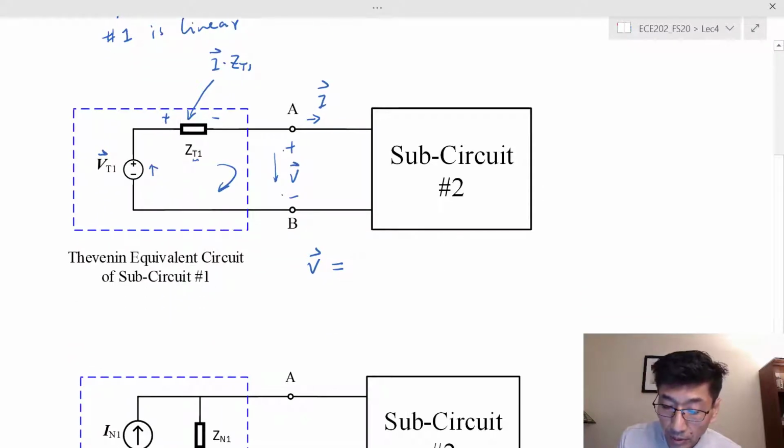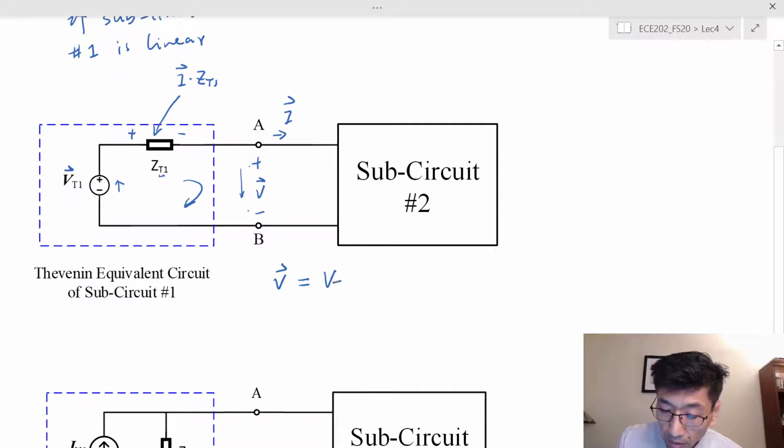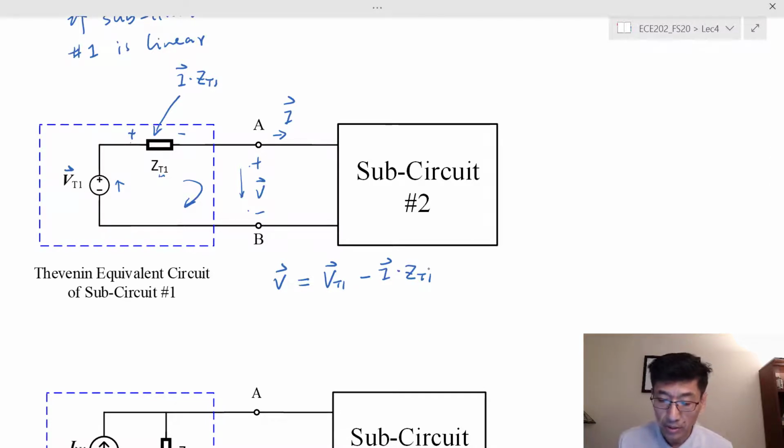So that will be V sub T1. And another one here, from plus to minus, that's a voltage drop. We need a voltage rise, so we need to put a negative sign on that. So then minus I times Z sub T1. So this is the terminal voltage-current characteristic for the Thevenin equivalent circuit, right?